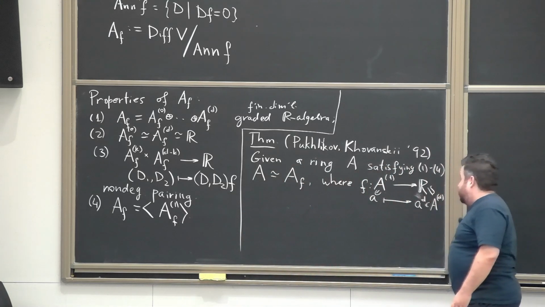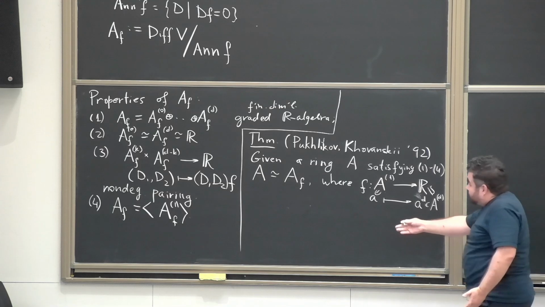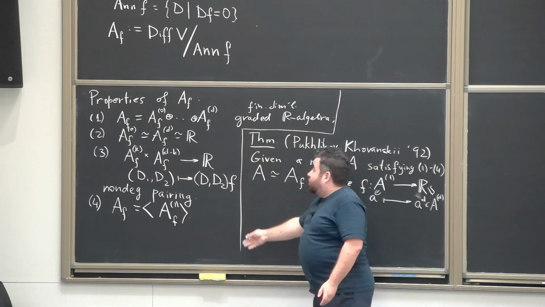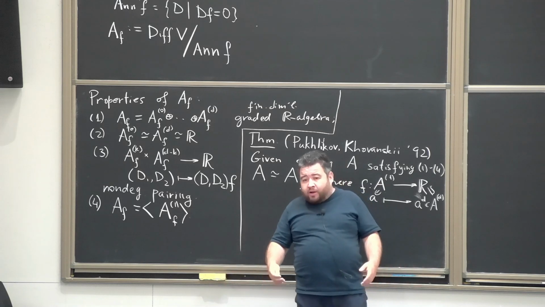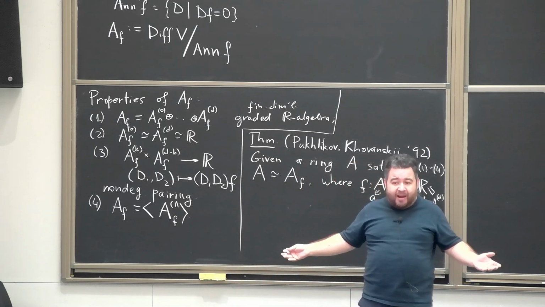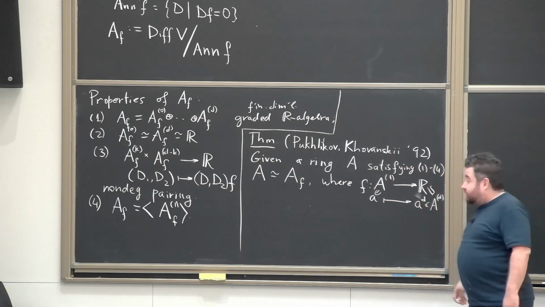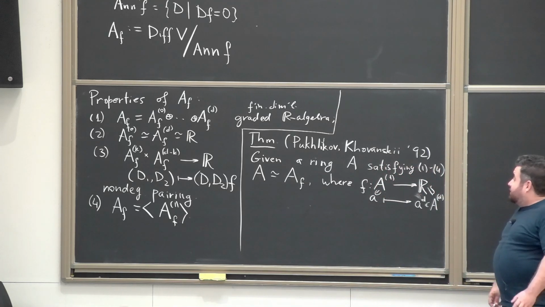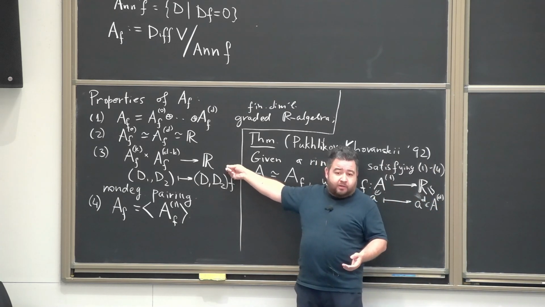What are these rings with properties 1 to 4? Well, properties 1, 2, and 3 remind us of cohomology rings of smooth varieties, smooth manifolds if you prefer the differential geometric setting. But yeah, so this thing is then Poincare duality.